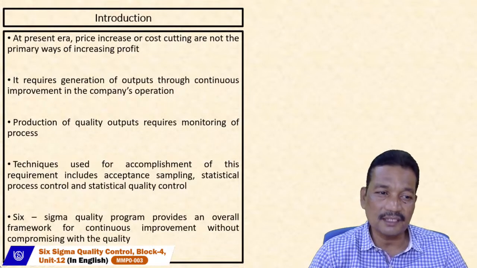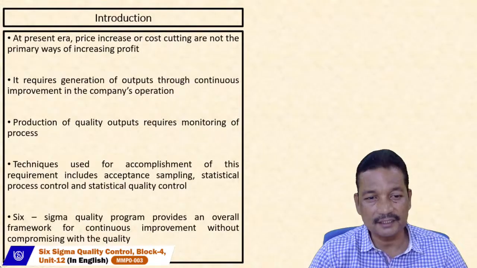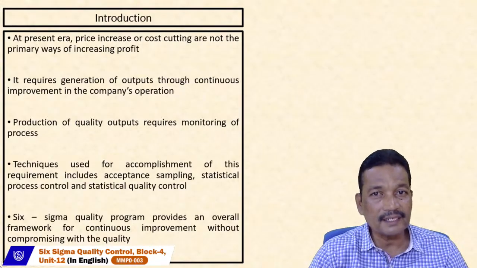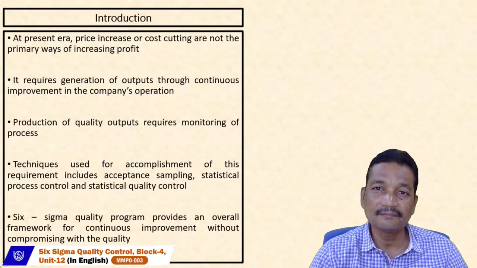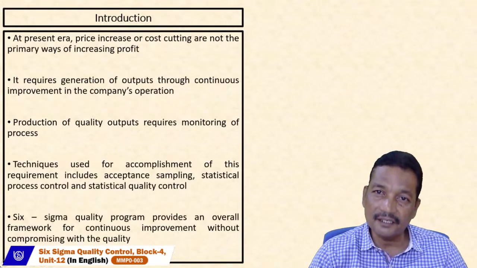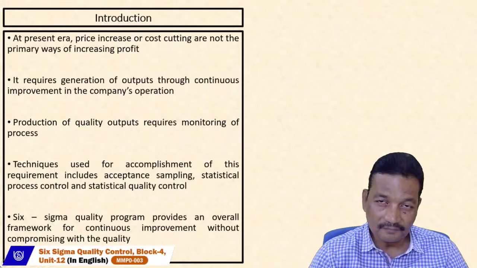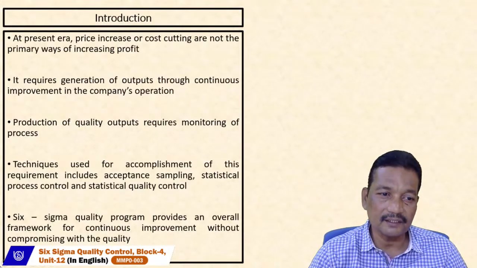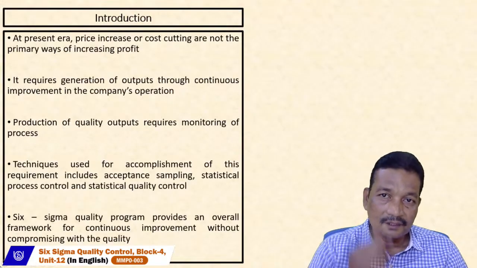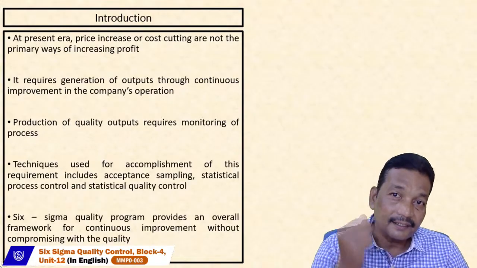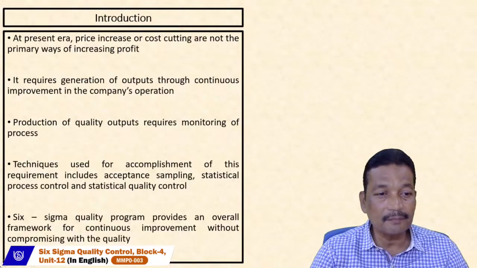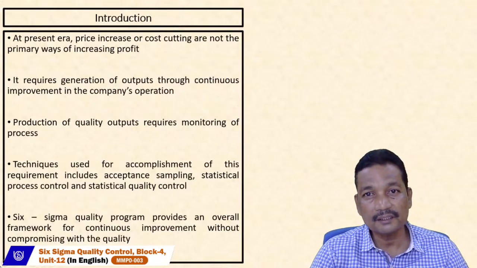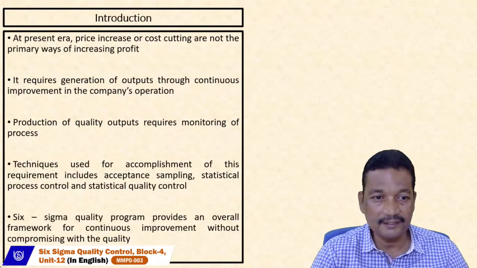Then we go to statistical process control or statistical quality control, whereby we look at the use of statistical techniques in our quality control. In that, sigma, those who have gone through statistics will know it.